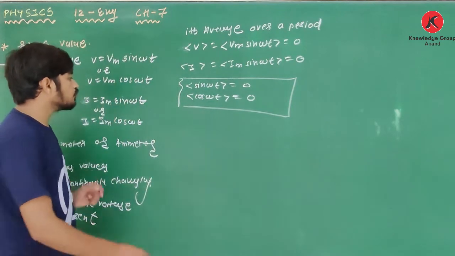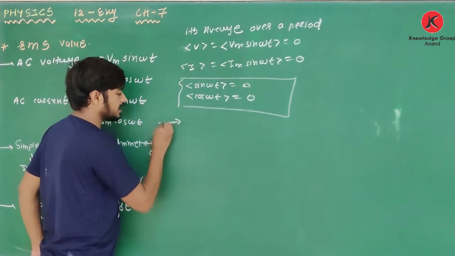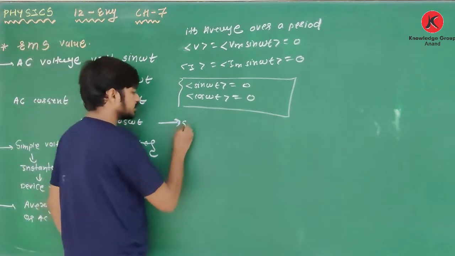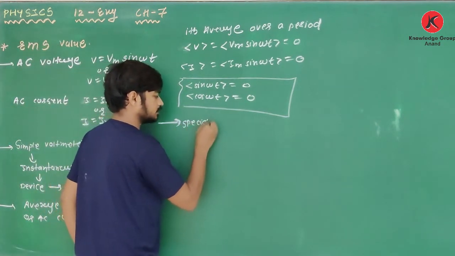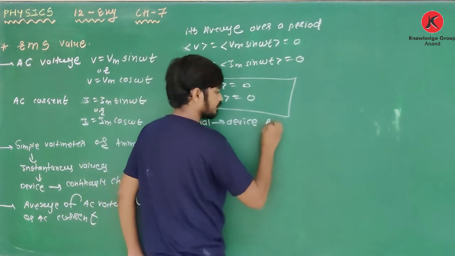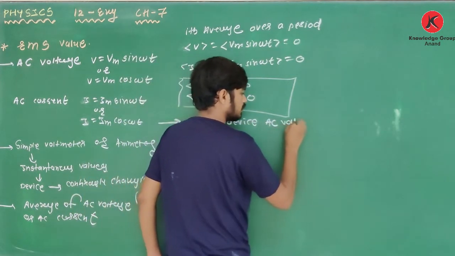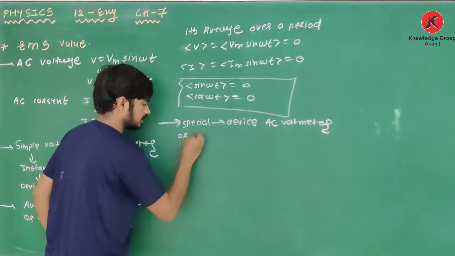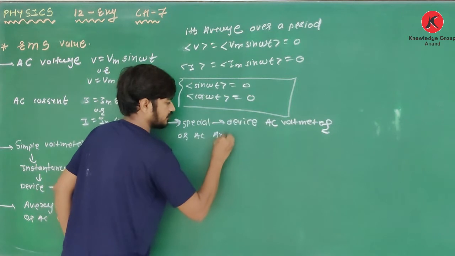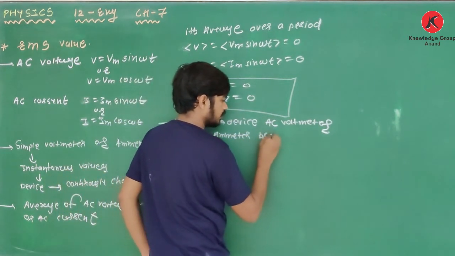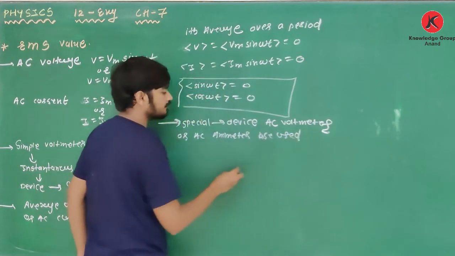So how to find AC voltage or AC current? Yes, some special device, called an AC voltmeter or AC ammeter, is used.